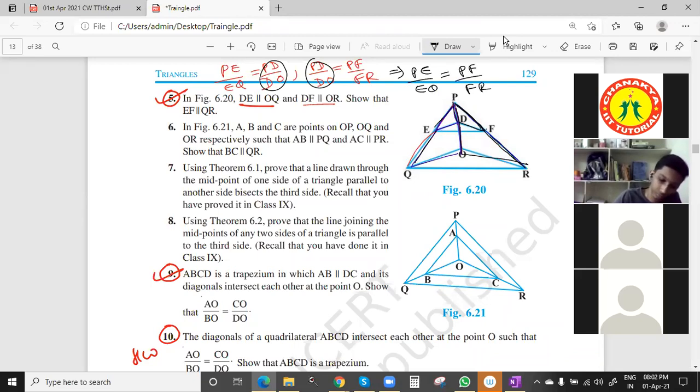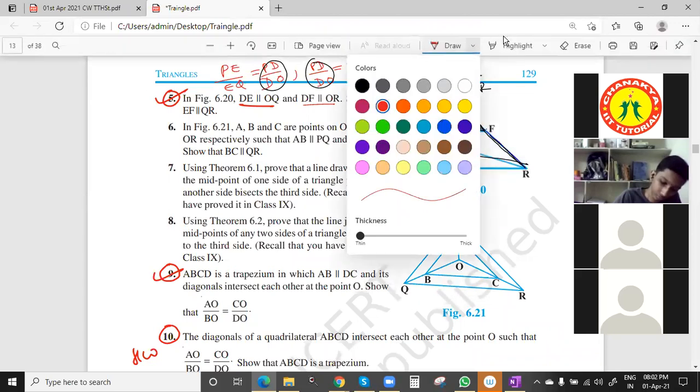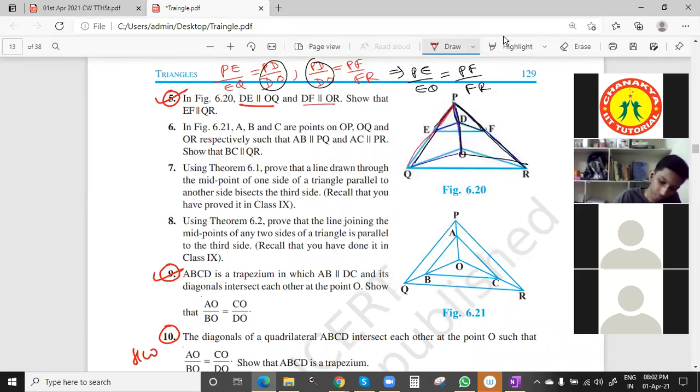So we can say EF will be parallel to QR, by the converse of theorem 6.1, or theorem 6.2, EF will be parallel to the base QR.